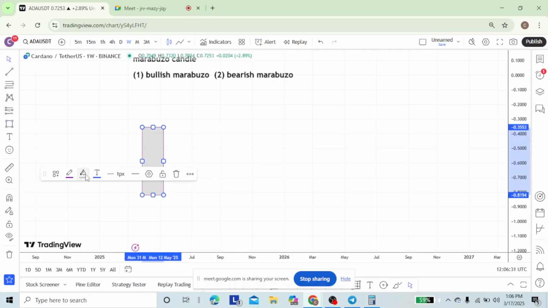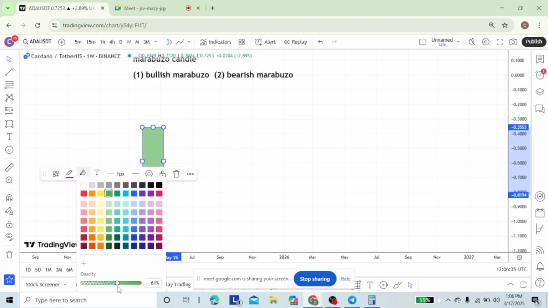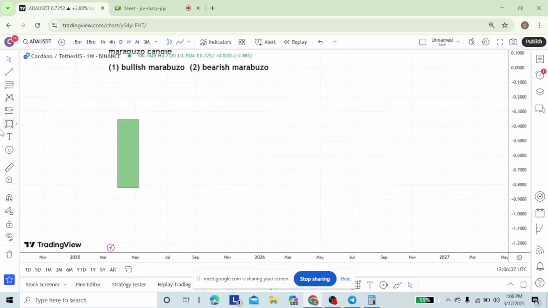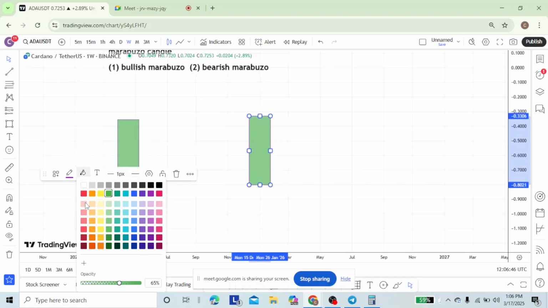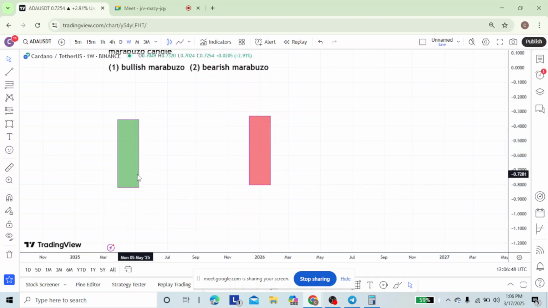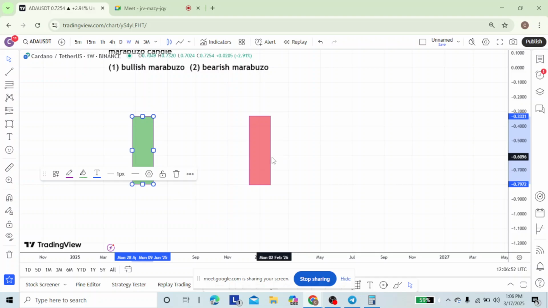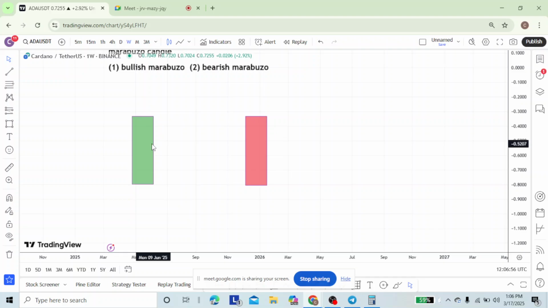I'm going to be representing the bullish candlestick with green color, and then we have the bearish in red color. You can customize this on your own charts to whatsoever color you prefer. So now this is the bullish Marabozo in green, and this is the bearish Marabozo in red.